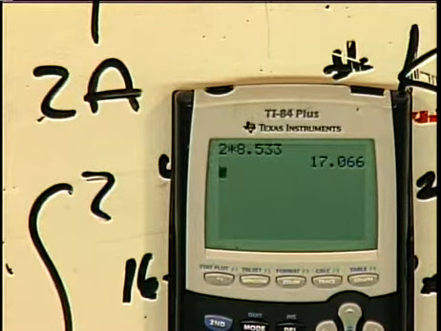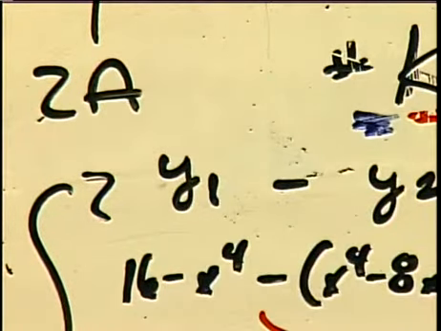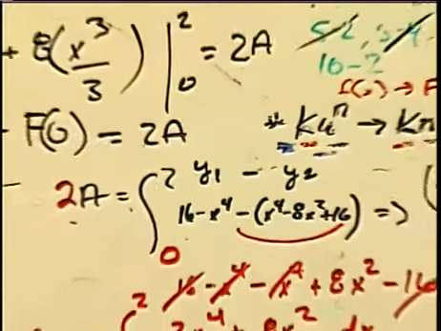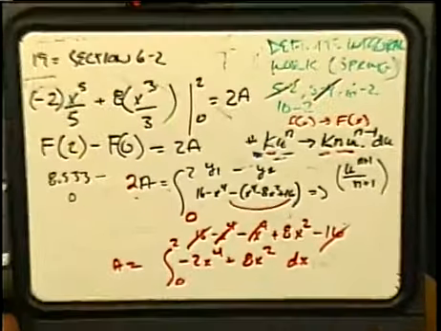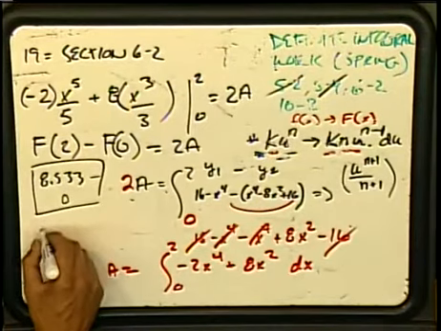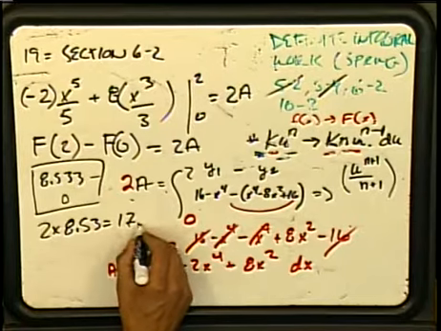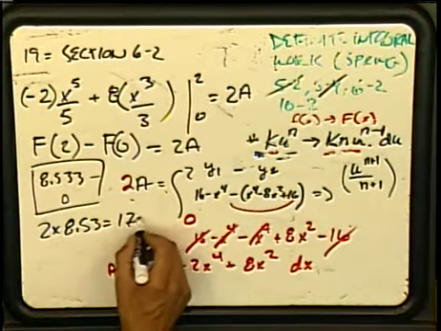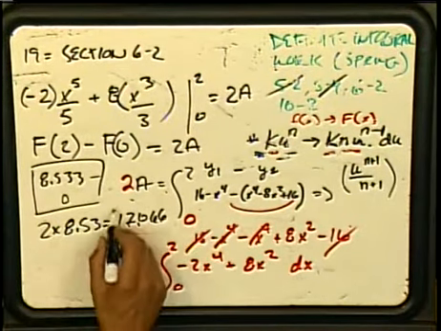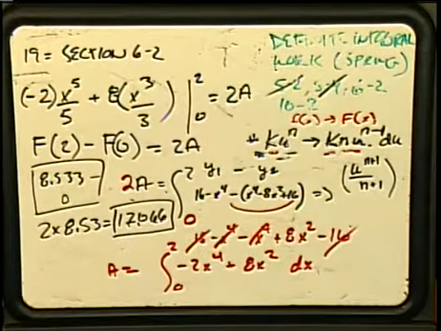We should just have to plug the 2 in there, times it by 2. What was that? That was the book answer. 17066 is what the book answer was. Okay, I mean, they put it as 256 over 15. That's what everybody got?